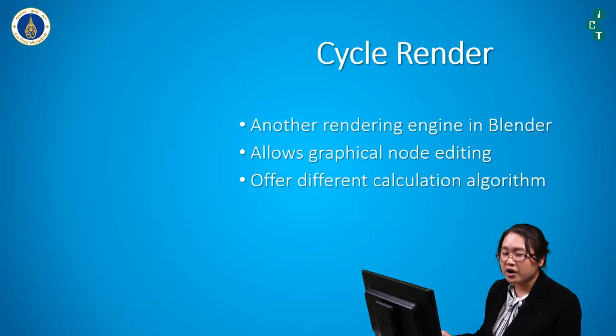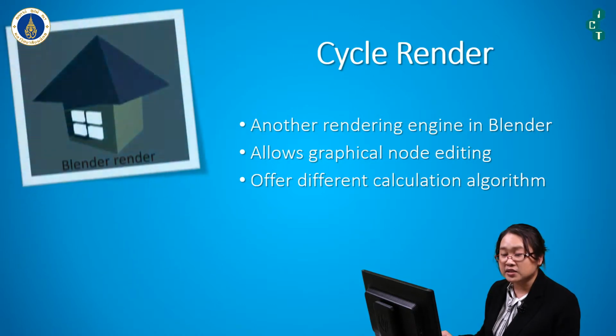After that, let's see what the Cycles renderer is. The Cycles renderer is a different algorithm that you can apply to provide good, nice shading in Blender. It's created to support complex shading, and it gives you a graphical representation of how you are going to shade. We call it node editing. Then let's see the difference.